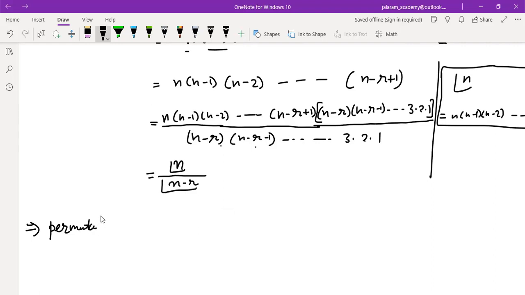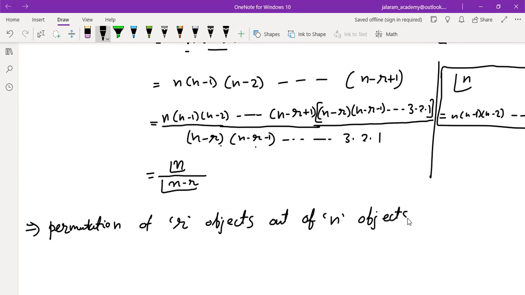So we can say permutation of r objects out of n objects equals factorial n upon factorial n minus r.